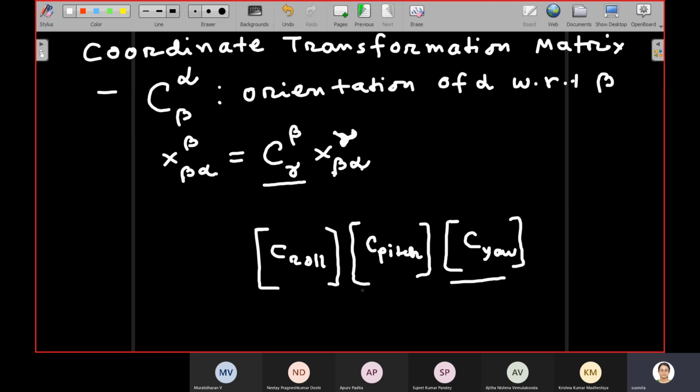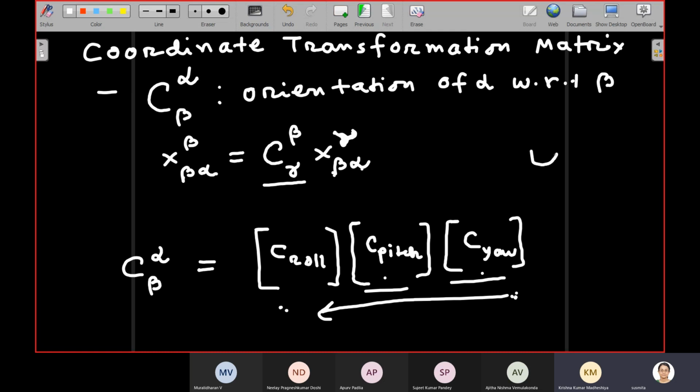So each of these rotations, yaw, pitch and roll, can be transformed into a coordinate transformation matrix, and we multiply them from right to left. The first rotation should be put on the right and the last one should be on the left. So we need to go in this direction. Then only we will get the final coordinate transformation matrix.